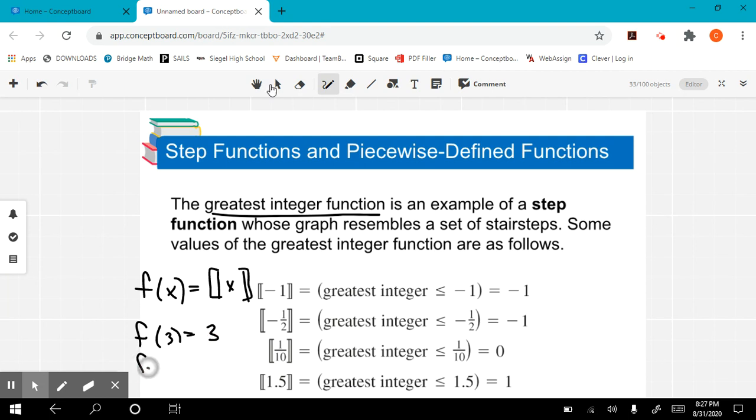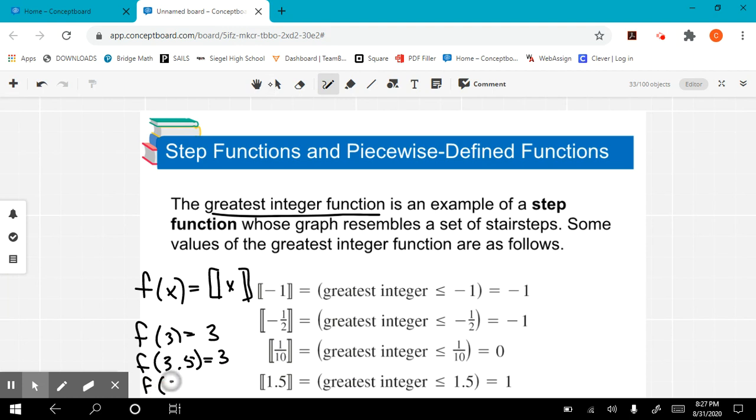And anything 3 point whatever, like 3.5, if it has any extra before you get up to the next integer of 4, you basically drop off any of the decimal and it's just 3. You're left with that integer.